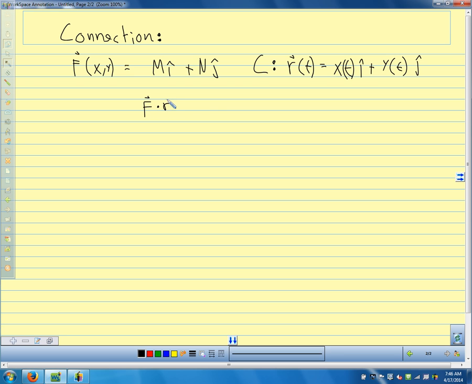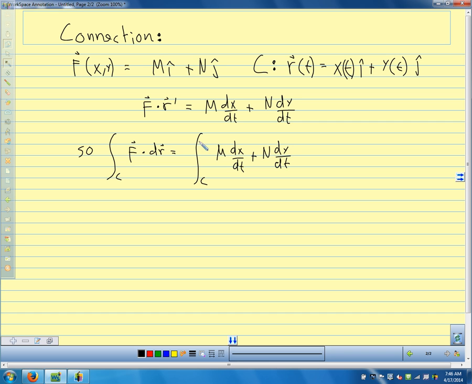F dot r prime is M dx/dt plus N dy/dt. So our line integral of this vector field over this curve, the integral of F dot dr, ends up being the line integral over our curve of M dx/dt plus N dy/dt dt.